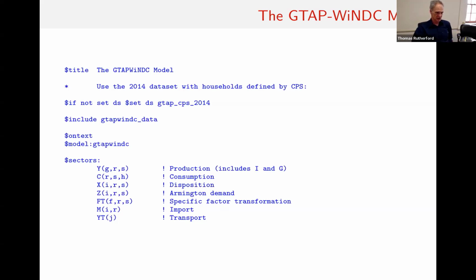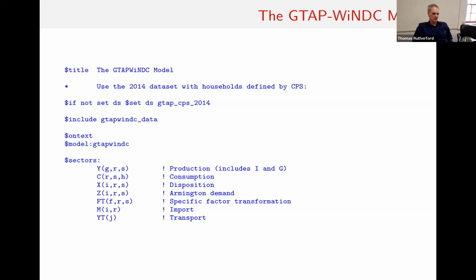When we have households, then I have a separate consumption activity formed by region US, by state, and by household. In all the other regions in the data set, there's just a stub. That means S is basically one composite region. So S is a singleton for all regions other than the US, and H is a singleton for all regions other than the US.